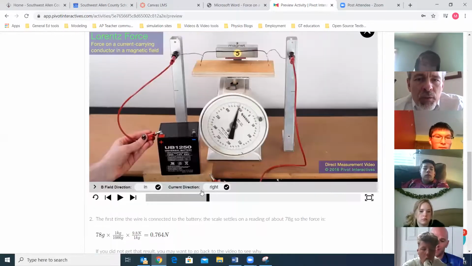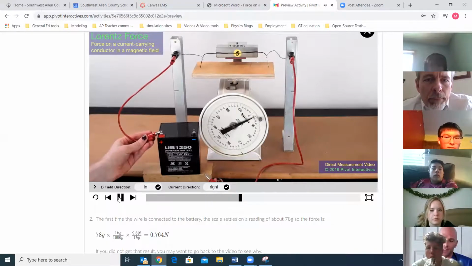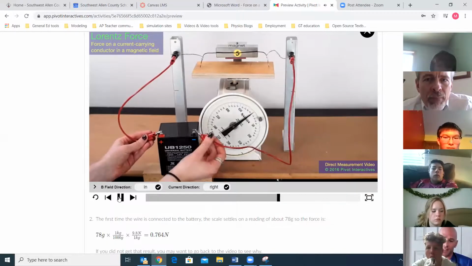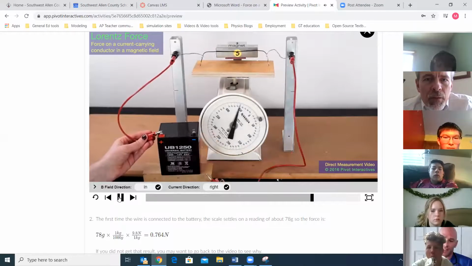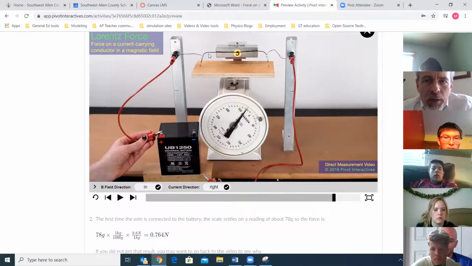The way these Pivot Interactives work is there's a video, and you can play it. And so you can kind of see there from Newton's third law what happened to that force. Again, there's a magnet back here, and there's a wire right near it, and it feels this force, and it causes the deflection.